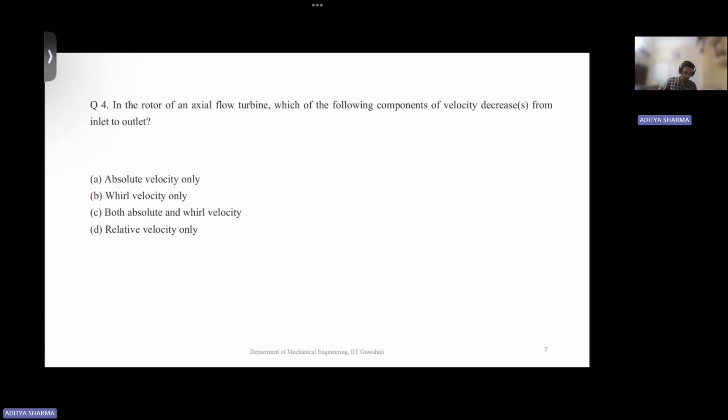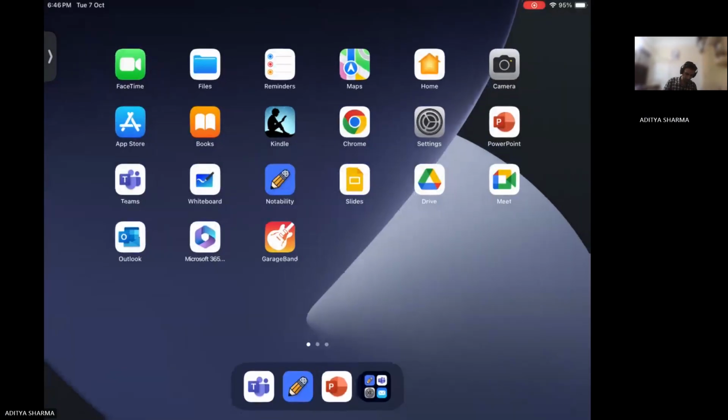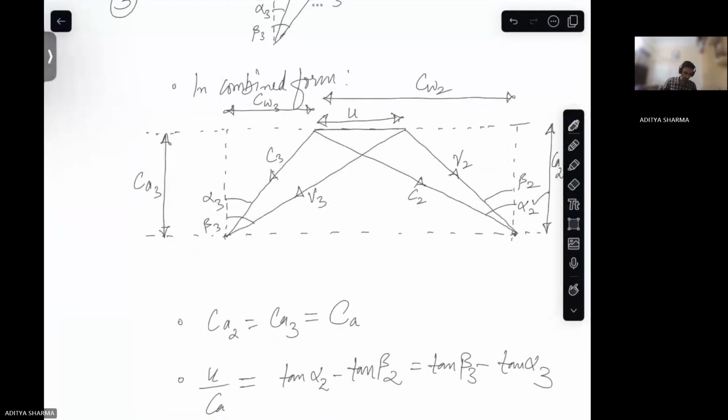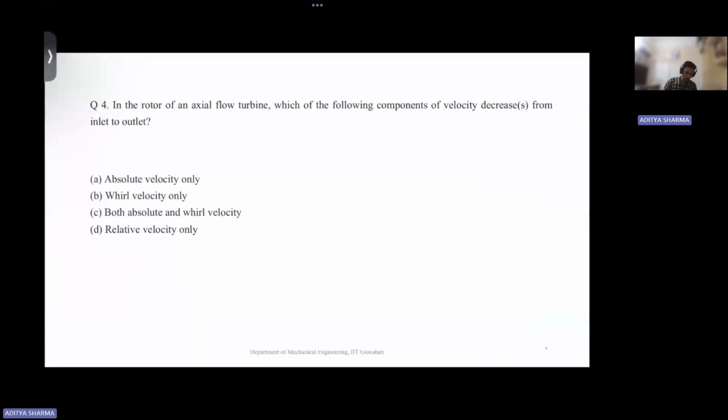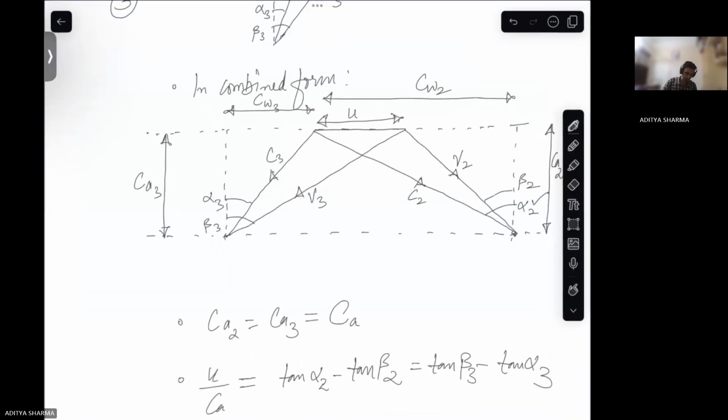So what will happen? Both your absolute velocity and your tangential velocity decrease.